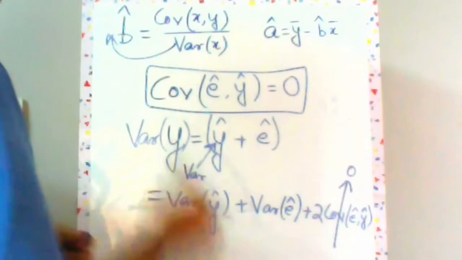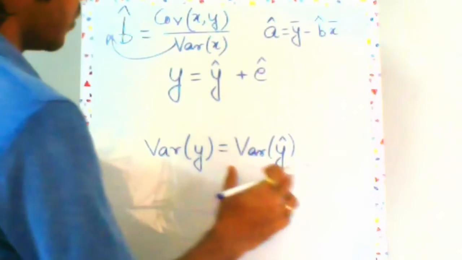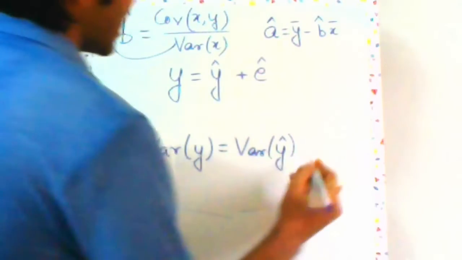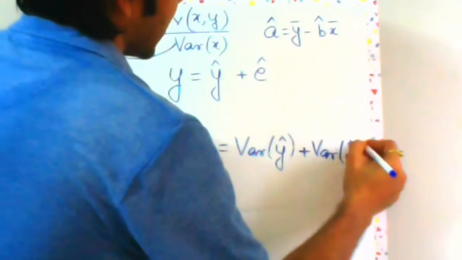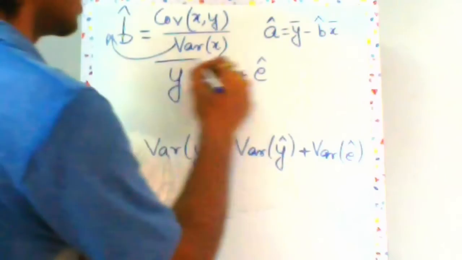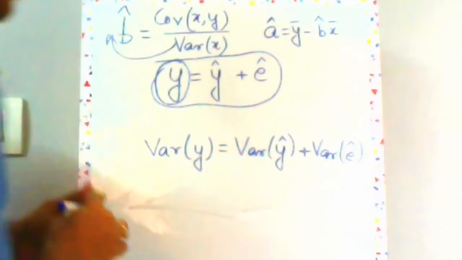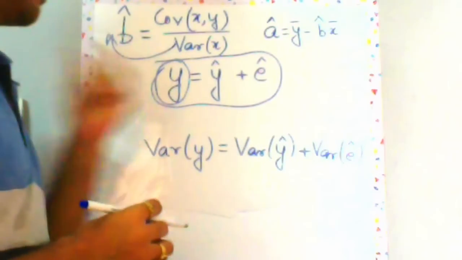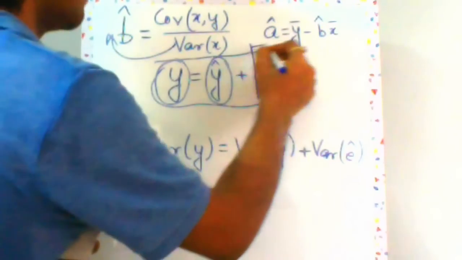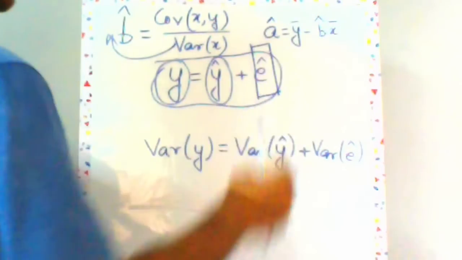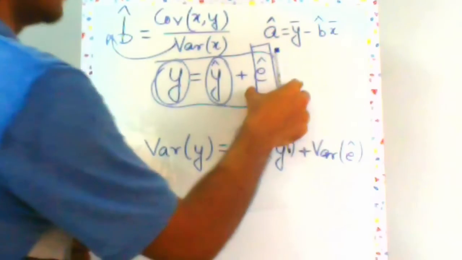So variance of y is equal to variance of y hat plus variance of e hat. Now if you look at this equation carefully, the explanation of y or the prediction of y based on the model is explained by y hat and is unexplained or remaining to be explained due to residual or e hat. So this is the explained part, this is the unexplained part.